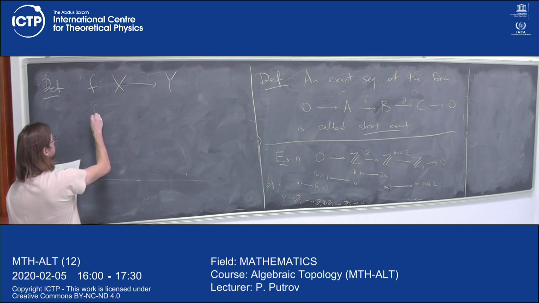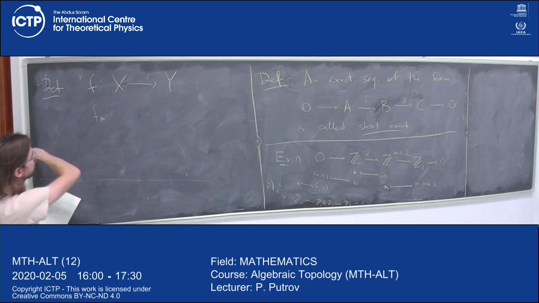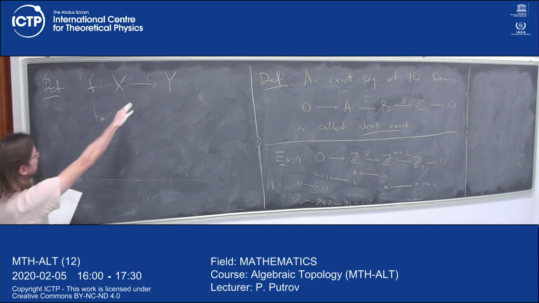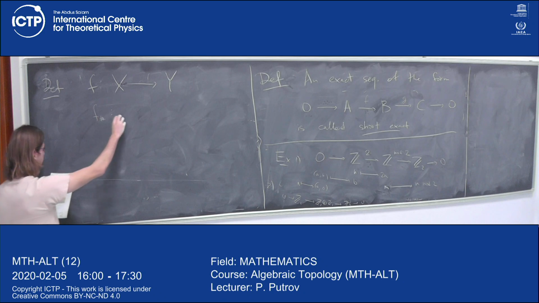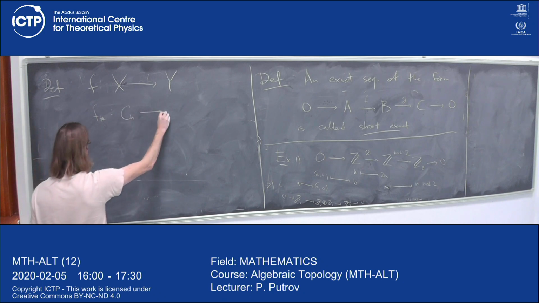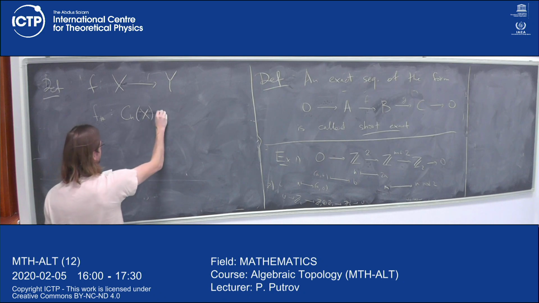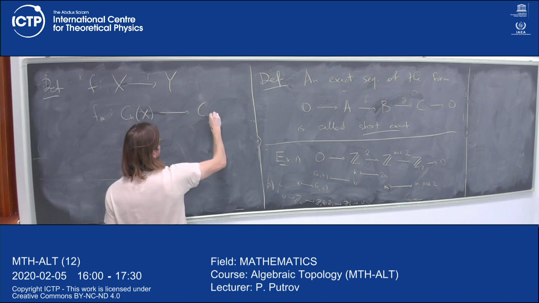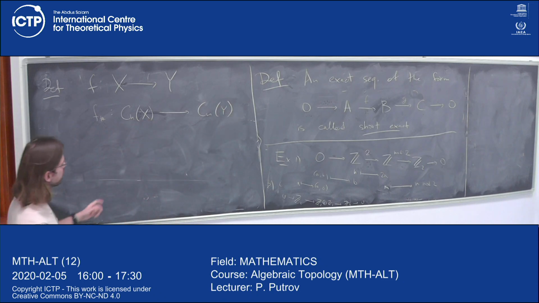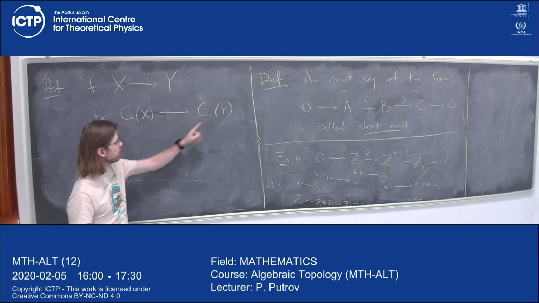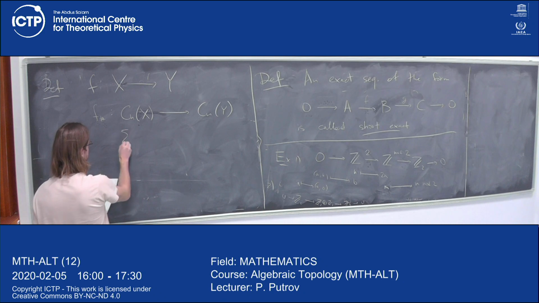But before doing this, we can define an induced map. For a continuous map f between X and Y, we can define an induced map, which we denote by f sharp, between the corresponding singular chain complexes. It will be a homomorphism from Cn of X to Cn of Y between these abelian groups, and it's defined as follows.